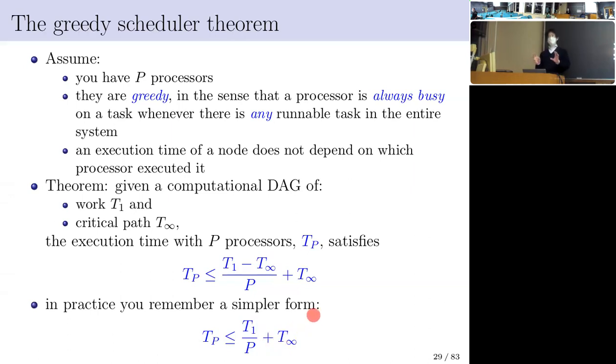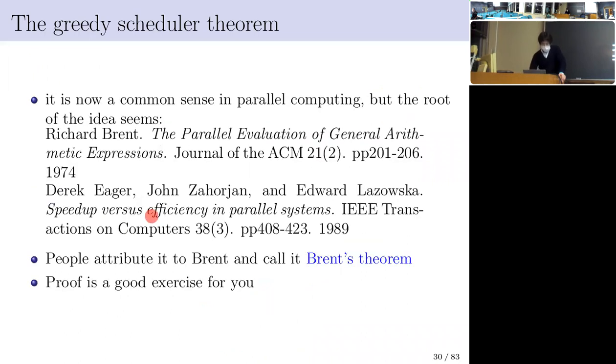So the execution time of a potentially very complex computation can be characterized by this very simple expression. That is actually very remarkable, right? So this is the greedy scheduler theorem.